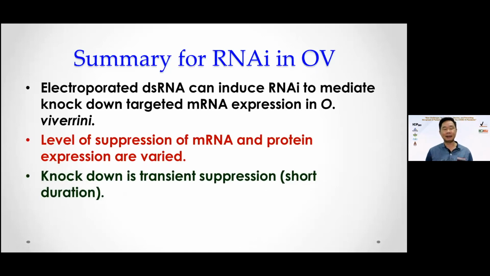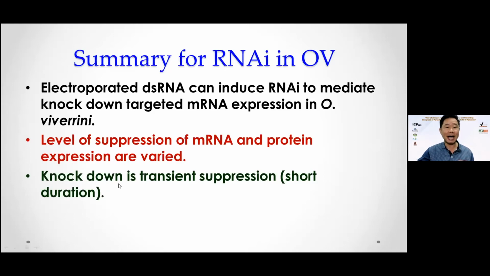But the problem of RNAi is the limited effect. After you introduce the double-strand RNA into the parasite, it has a defense mechanism, and I think the parasite tries to get rid of the double-strand RNA because they want to survive, as a natural mechanism of theirs.